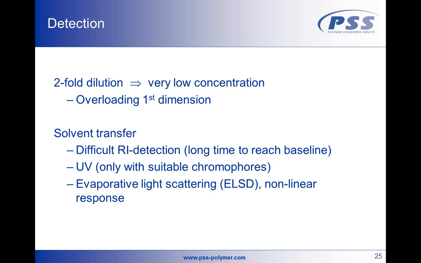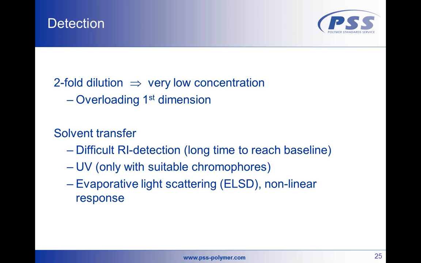If you would like to use an RI detector in the second dimension, you see a huge signal from the transferred solvent, and it takes very long for the RI detector to reach the baseline, and you will not see only the tiny signal from your sample.